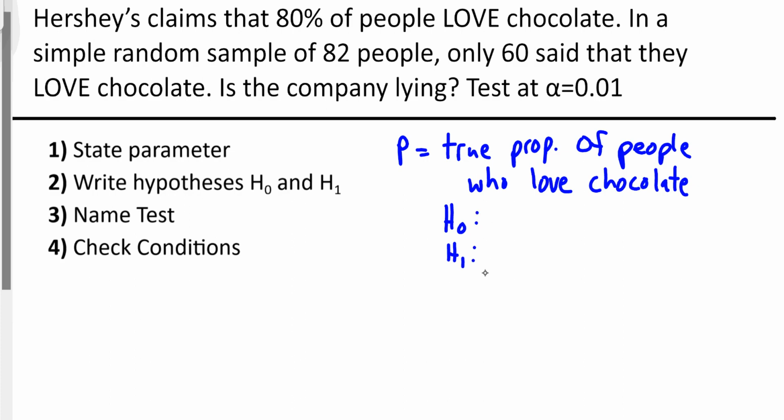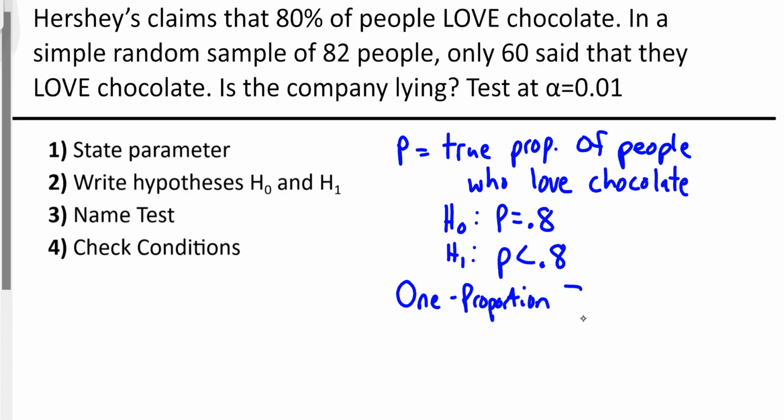And they're based off of the parameter. So the null is that P is equal to 0.8. That is the claim. But based on our evidence, we might think P is less than 0.8. And we are going to test that using a 1 proportion z-test.